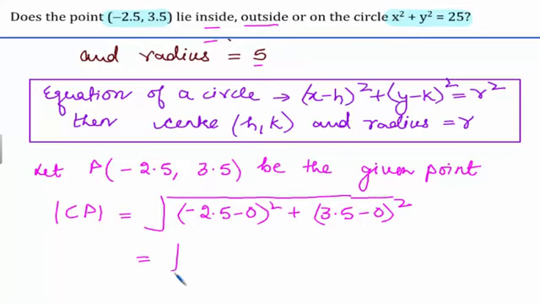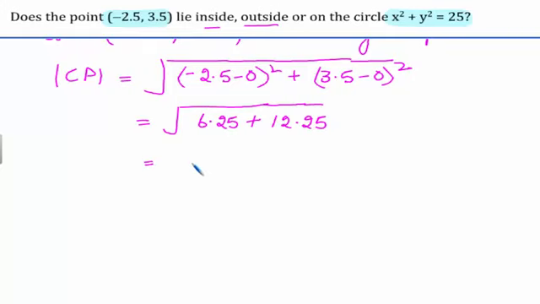So this is equal to square root of, here we get (minus 2.5) whole square, which is 6.25, plus 3.5 whole square, which is 12.25. So this is equal to square root of 18.50, which is less than 5.